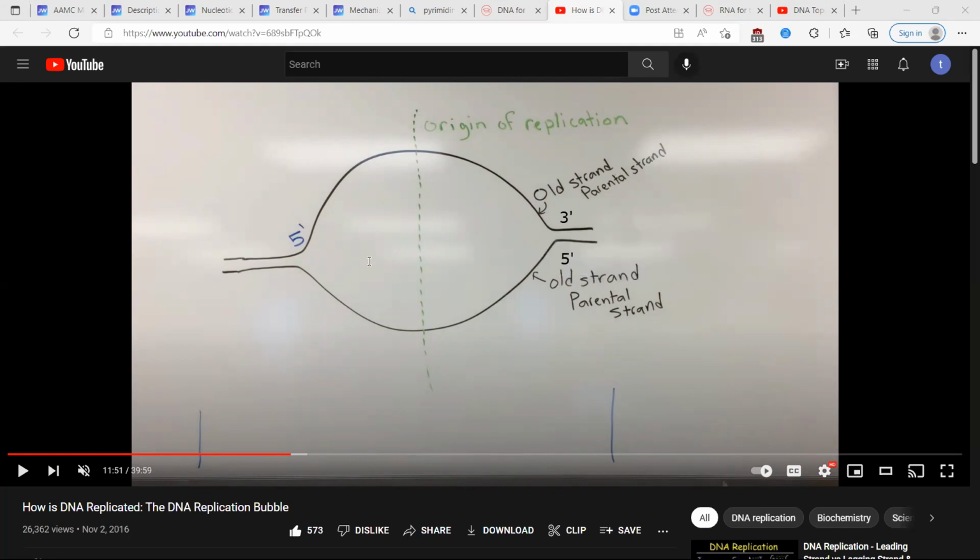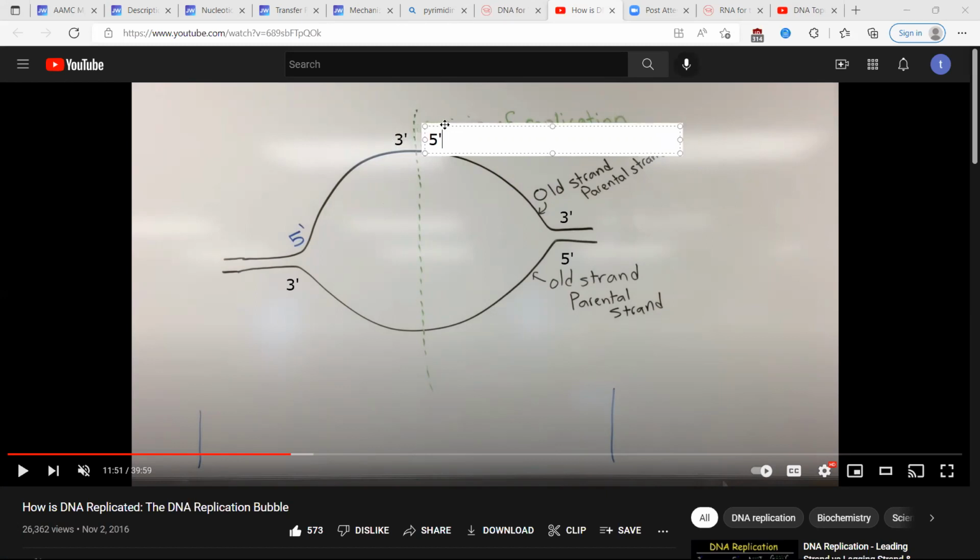So therefore, this is the 5' end and this is the 3' end. However, that's not it. Because if this is the 5' end going down this way, then over here is the 3' end at the origin of replication. And then if this is the 3' end here, then this is the 5' end.